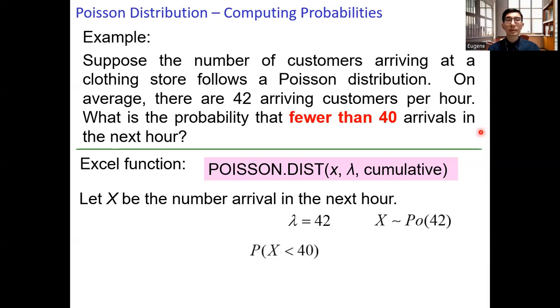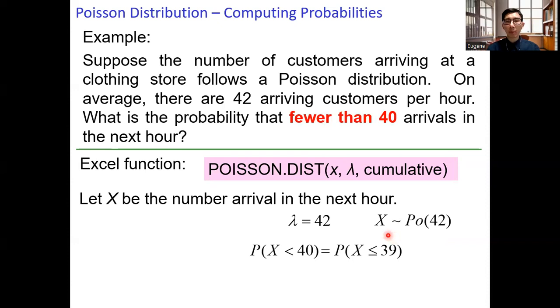We want the probability that X is fewer than 40. So we have P of X less than 40. This expression equals the probability of X less than or equal to 39. Because X is a discrete random variable, X less than 40 means X takes values from 0, 1, 2, up to 39.